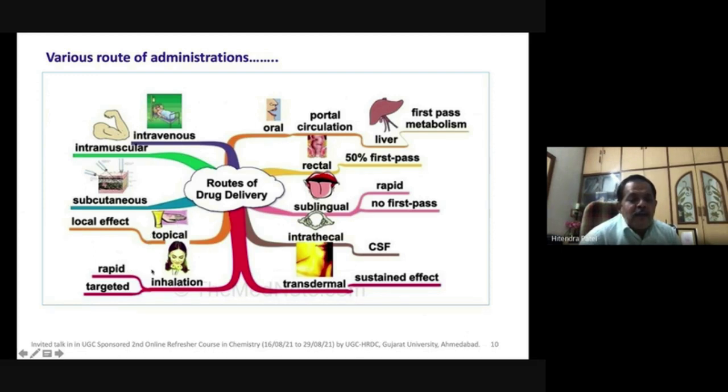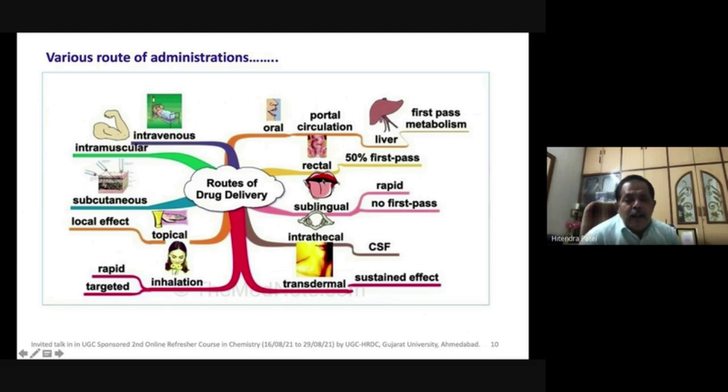Another is the rapid-acting route, inhalation, where we get a quick effect with inhalers. With the oral route of drug administration, portal circulation occurs, and through the liver, first pass metabolism takes place. In the rectal route, we can have about 50% first pass metabolism.